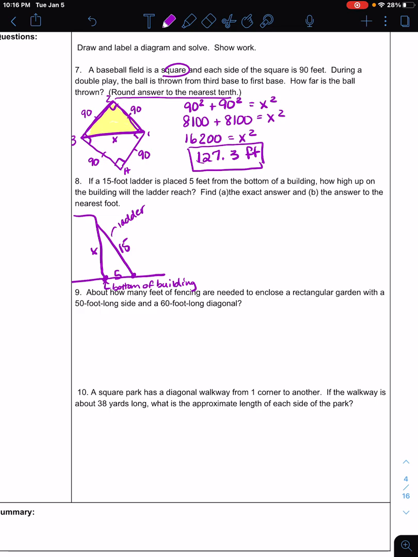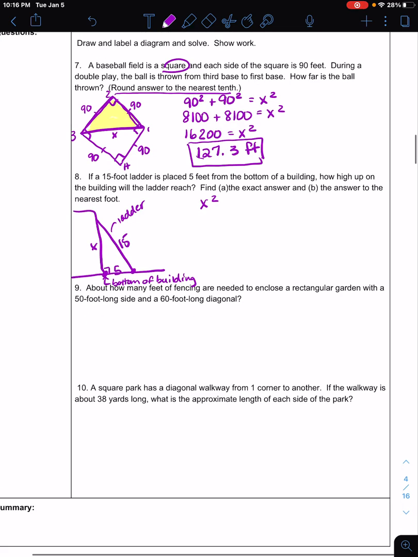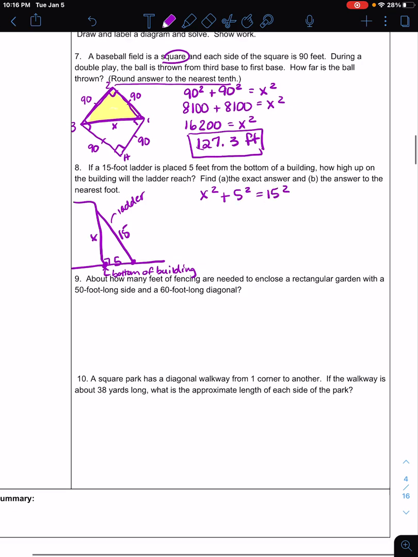So it says to find the exact answer and then find the answer to the nearest foot. So first we're just going to simplify our radicals, then we're going to find the answer to the nearest foot. So the first thing that we want to do is Pythagorean theorem. We have a right triangle, because hopefully the building is square and has a right angle. So x squared plus 5 squared is equal to 15 squared.